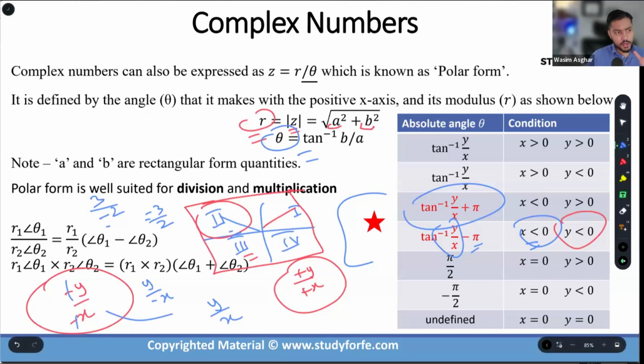And if you think about it, when you're dealing with polar form, and that's essentially our RMS in the single phase systems, in three phase systems, in AC systems, correct? Now, if you tell me that, Wasim, I got the magnitude right, but my phase angle is either positive or negative, I'm not 100% sure.